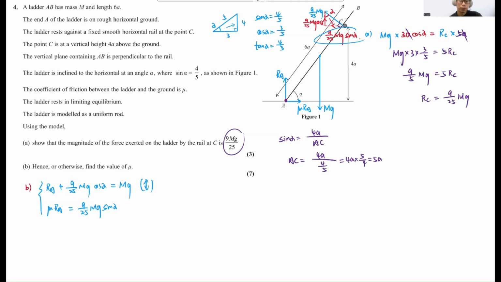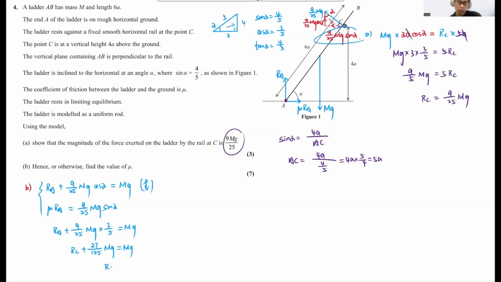So we can simplify the first one to work out RA first. RA plus 9/25 mg cos alpha, where cos alpha is 3/5, is equal to mg. Then RA plus 9/25 times 3/5, that would be 27/125 mg, equal to mg.